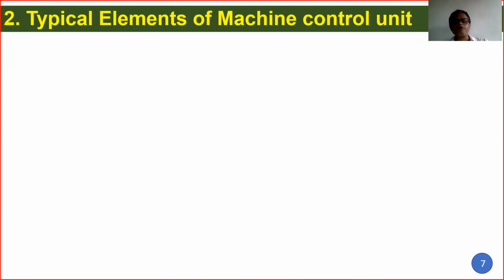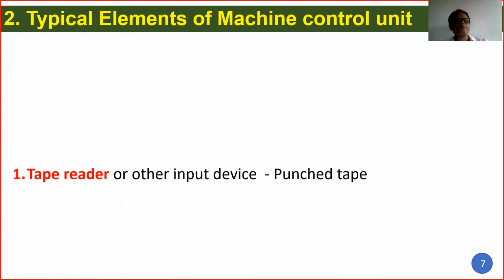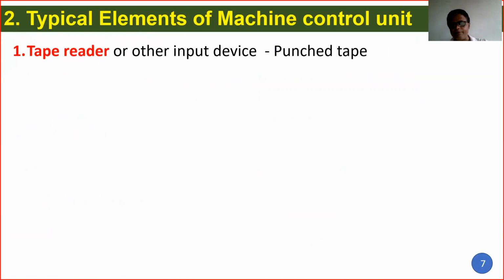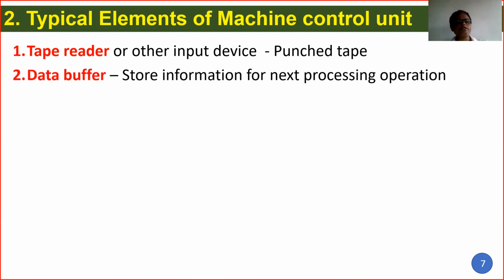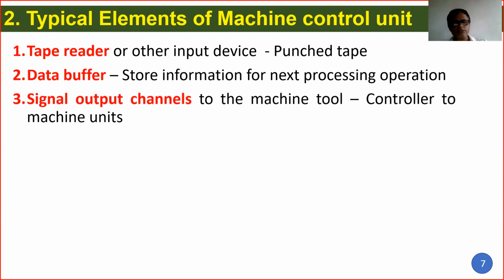Then what are the elements of the machine control unit? The machine control unit consists of the tape reader, which reads the tape. The other input devices are also there, that is punched tape. Then there is a data buffer, which stores the information for next processing operations. Then there are signal output channels to the machine tool to control the various movements.